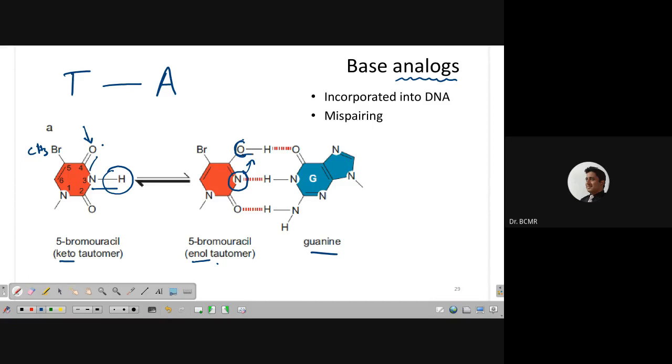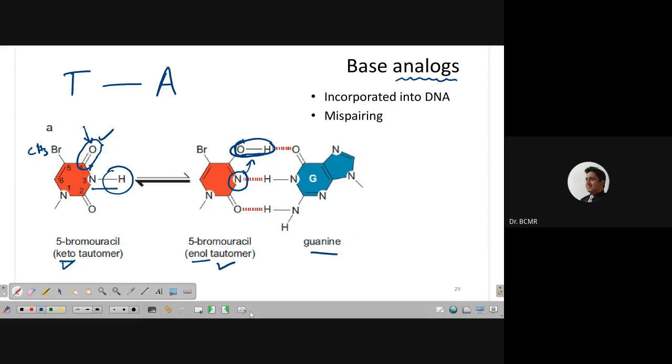Okay, hydroxyl group, enol. Keto group is this one. This is the keto form. If it is a keto group, then it is a keto tautomer. If it is an OH, then it is an enol tautomer.